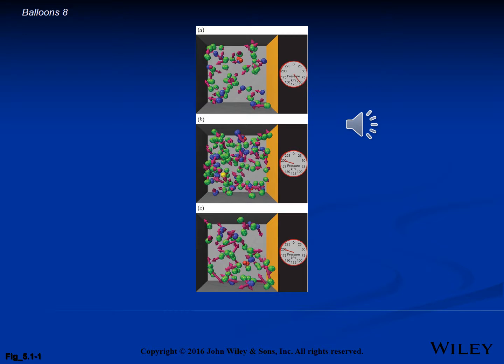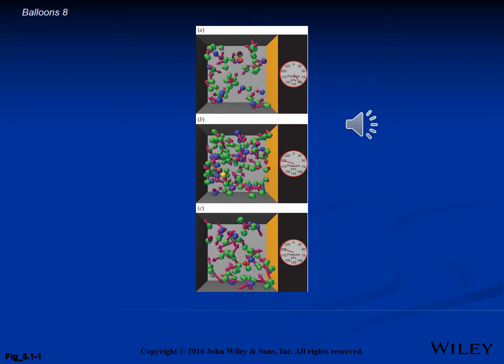In the third picture, the number of particles is the same as in the first picture, but the pressure is still larger because the kinetic energy of the particles is doubled. When the kinetic energy is doubled, the pressure doubles. When the temperature doubles, the pressure doubles for the same amount of particles as in part 1.